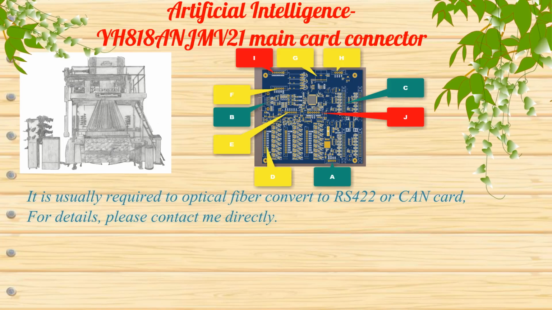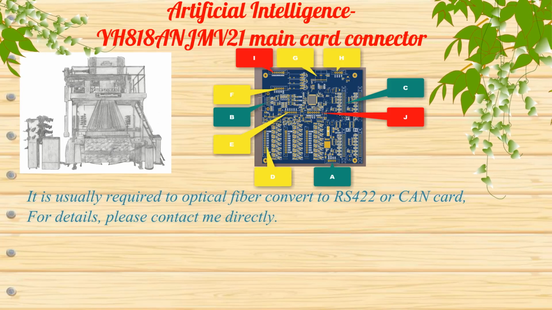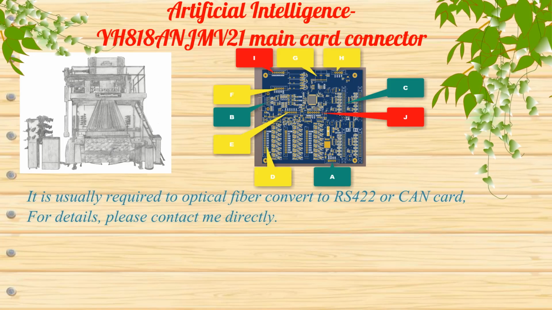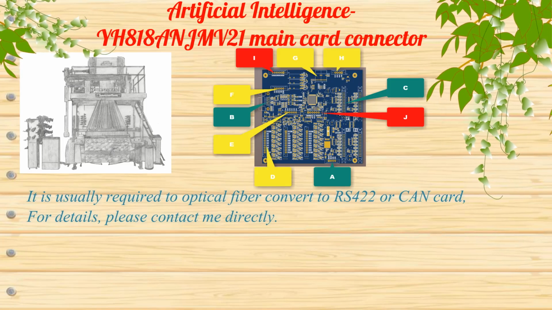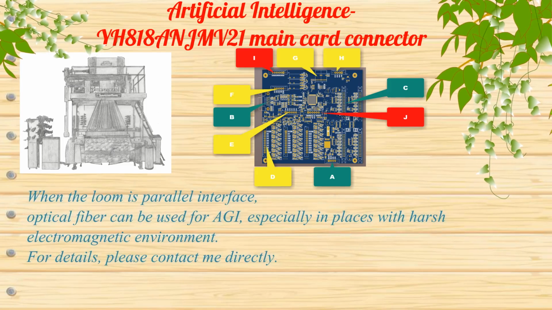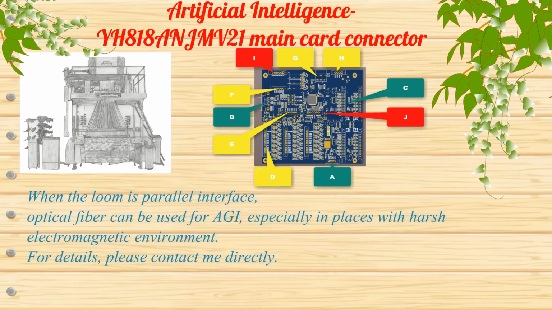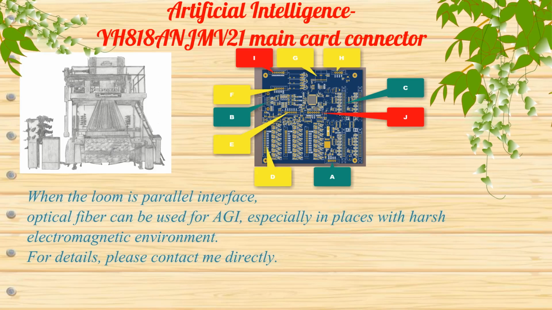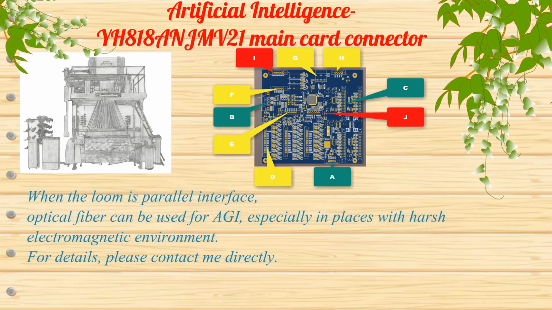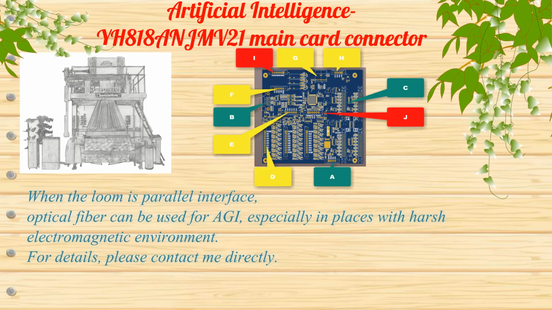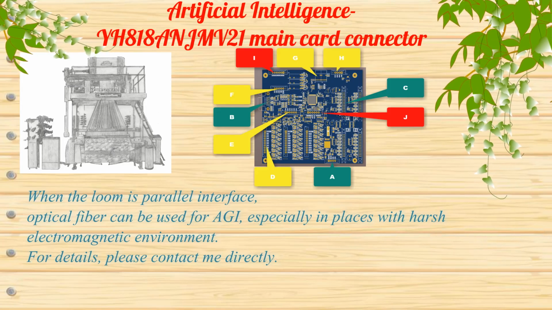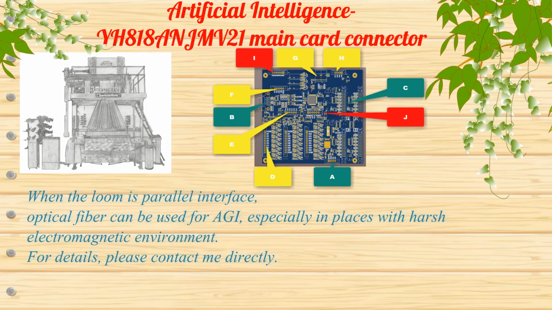For details, please contact me directly. When the loom is a parallel interface, optical fiber can be used for AGI, especially in places with harsh electromagnetic environment. For details, please contact me directly.